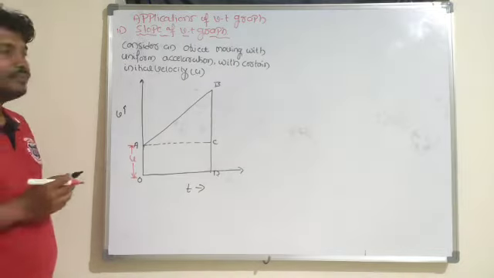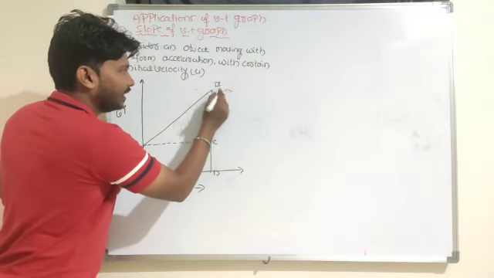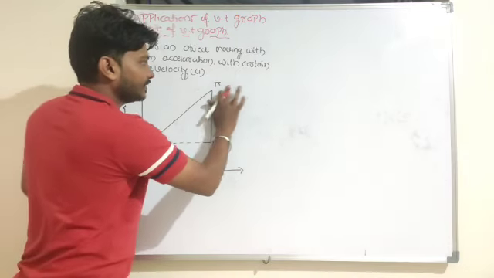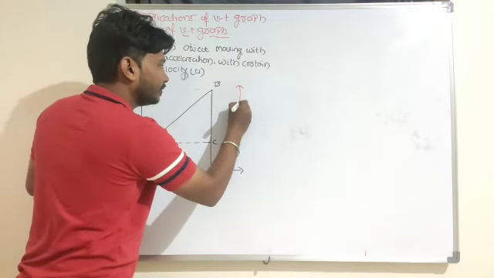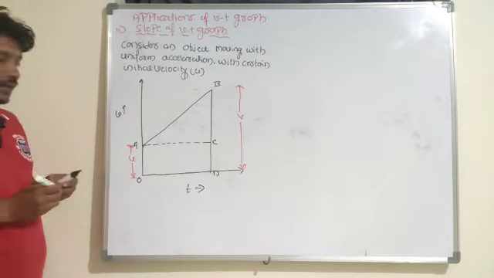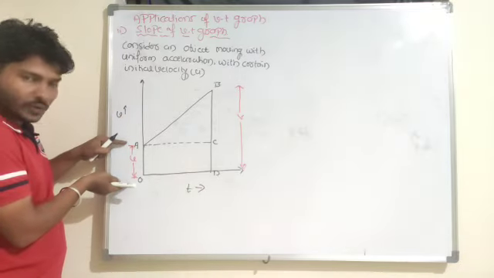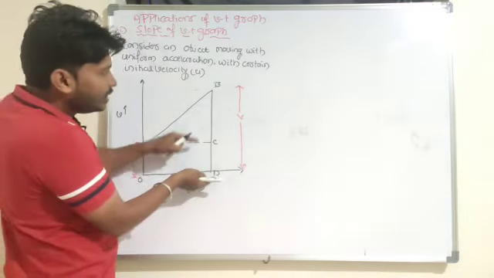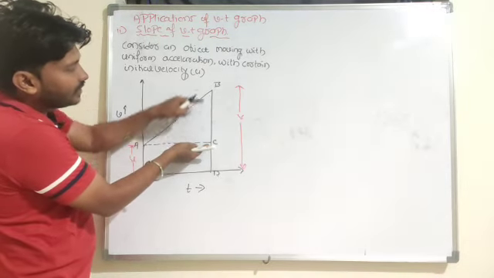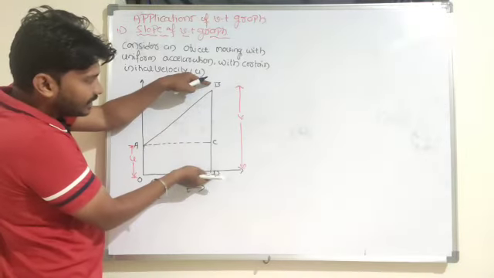Initial velocity is u, final velocity is at B. So at B it has the final velocity, from B to this point D. So this is the final velocity. O to A represents the initial velocity, and B to D represents the final velocity. Then what is the velocity from B to C here? This velocity is u, this velocity is v here.